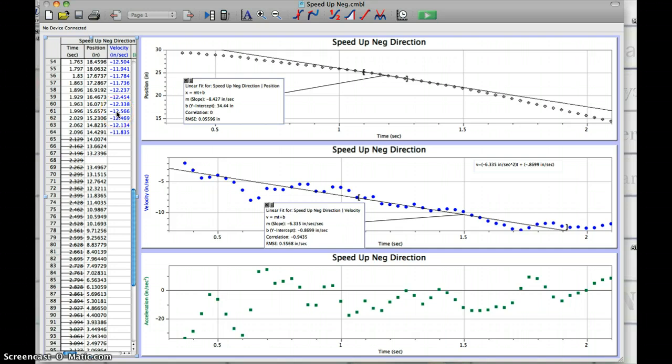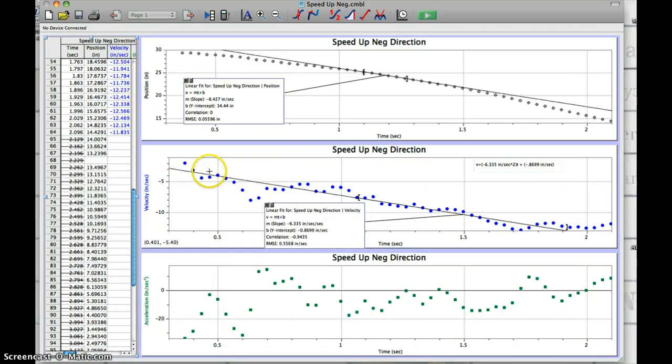Multiply those two together and then multiply that by 1/2, and we get negative 13.1 inches. So in total it traveled 13 inches in the negative direction. That is its displacement.